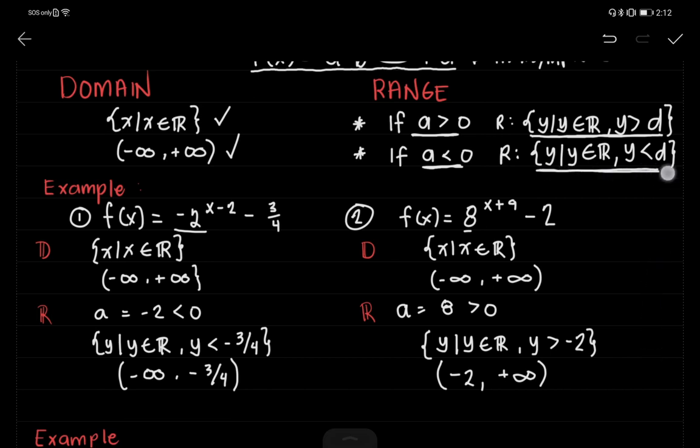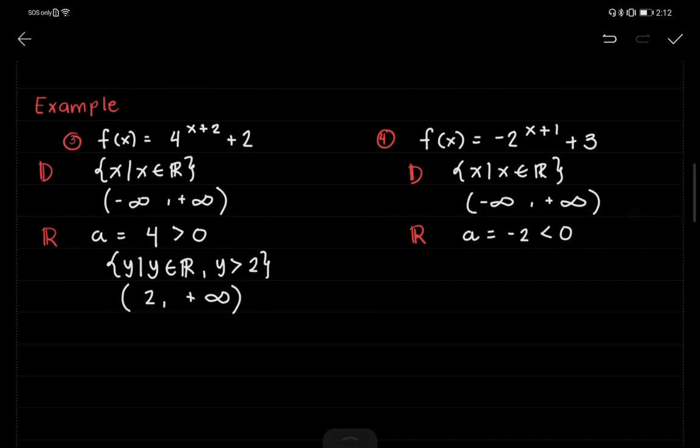Okay? So we can say that our range here is a set of y such that the value of y is an element of all real numbers where y is less than the horizontal asymptote, which is yung 3. Okay, so this is our range.